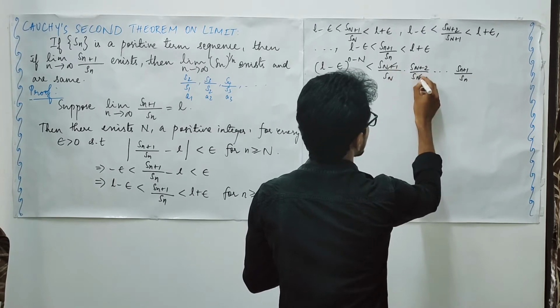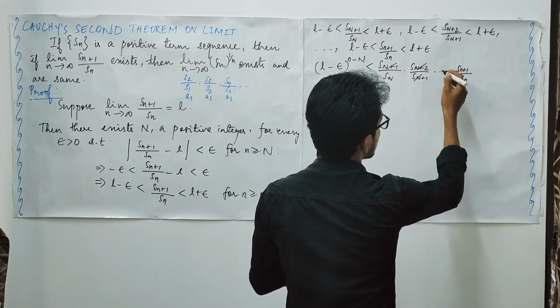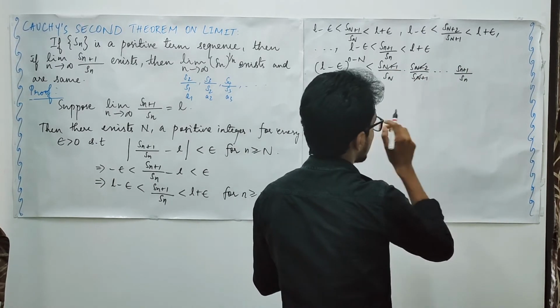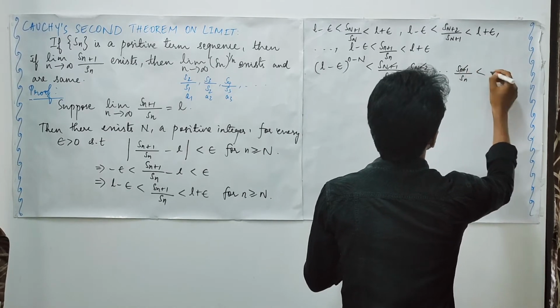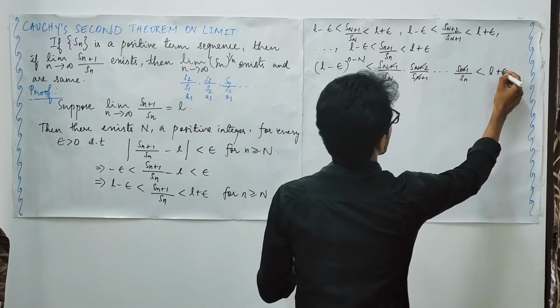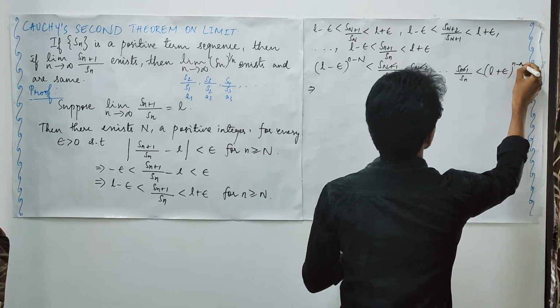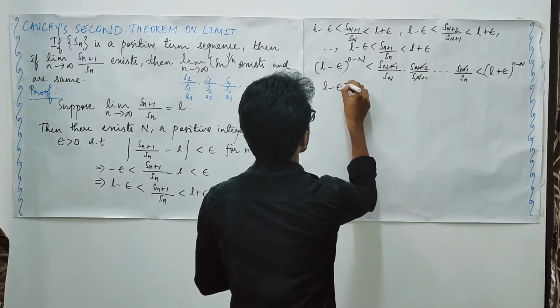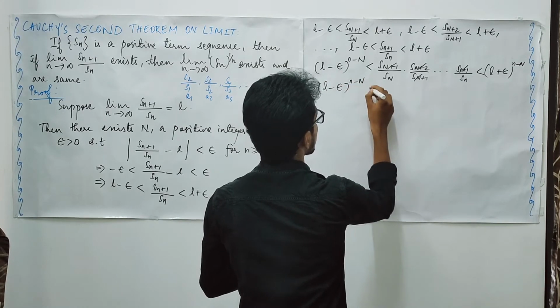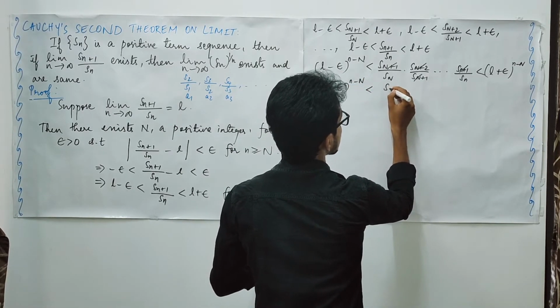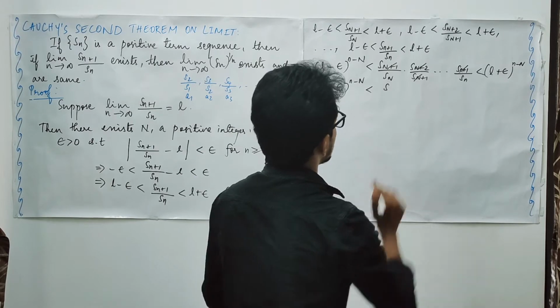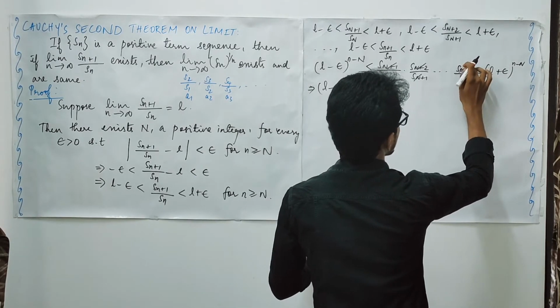So this term gets cancelled, similarly the terms will get cancelled, and finally what is going to be there? Here also we will have n minus N. Okay, (L minus epsilon) to the power n minus N less than S. Just a minute. This will get cancelled, this will remain there.